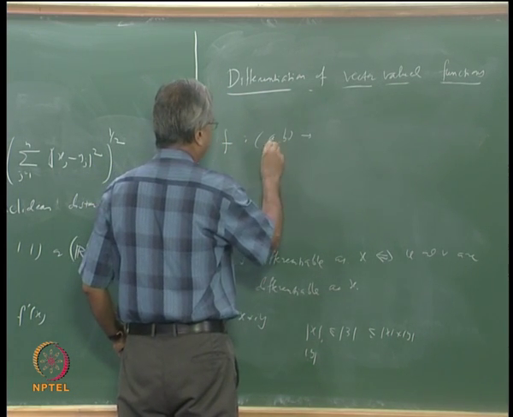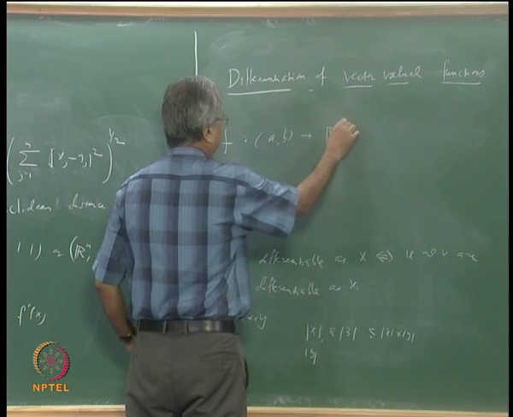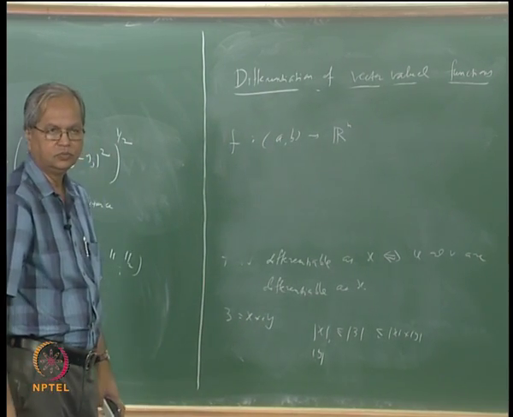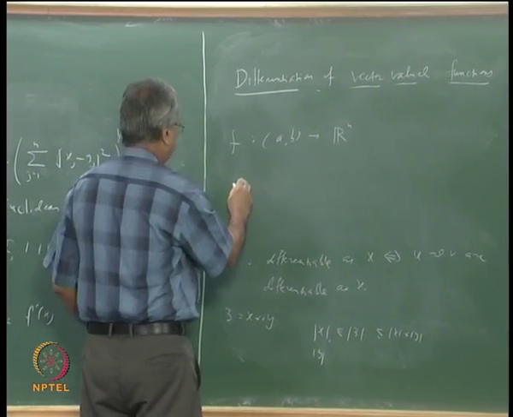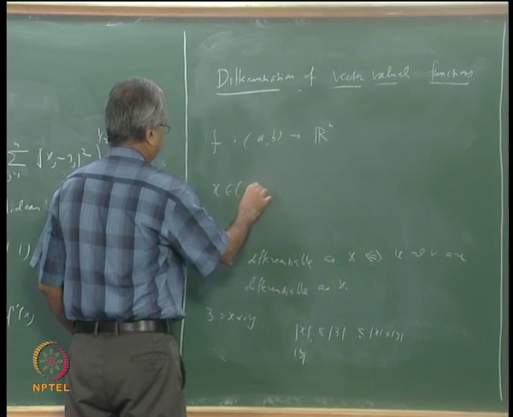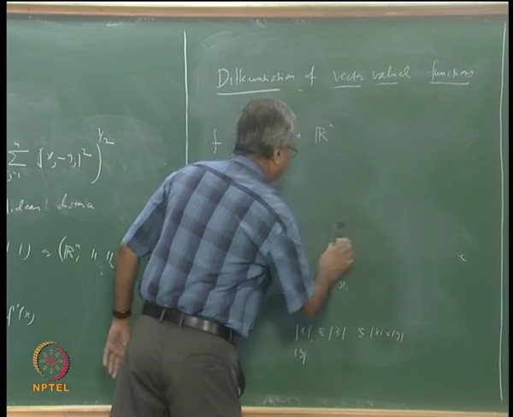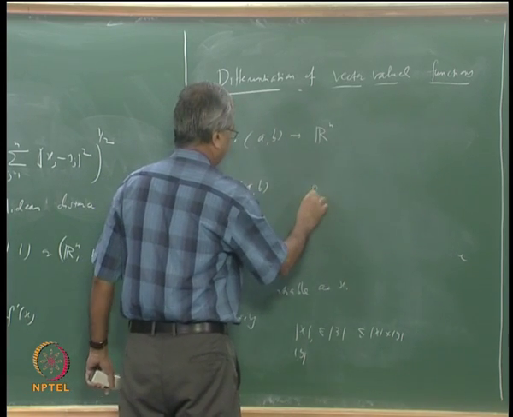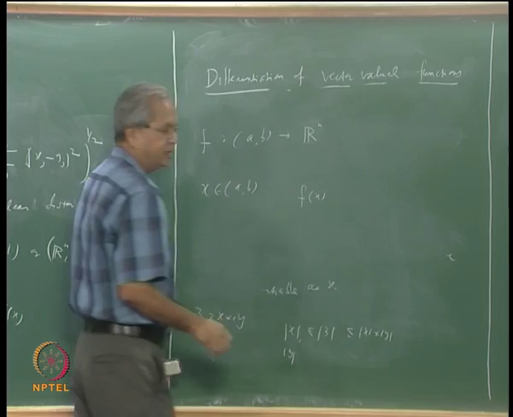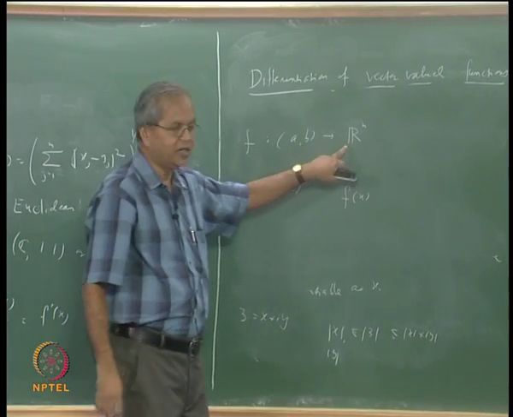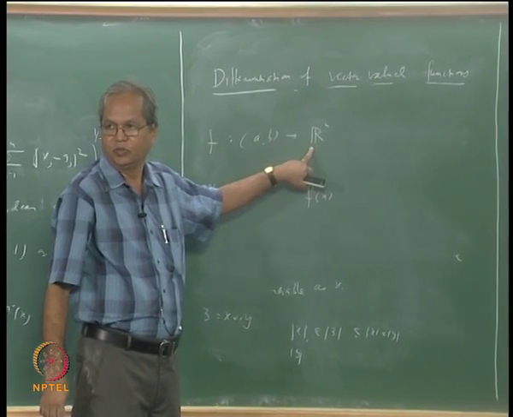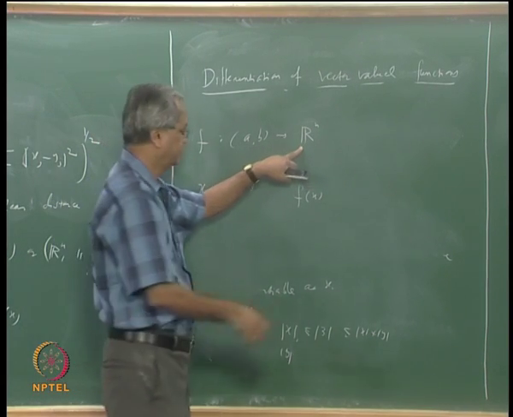Suppose you now take f from (a, b) to R^n. Now you take, let us say, x in (a, b). What will be f(x)? f(x) will be a member of R^n, right.